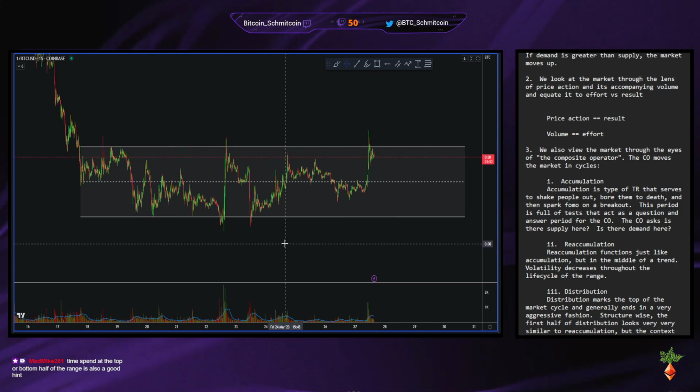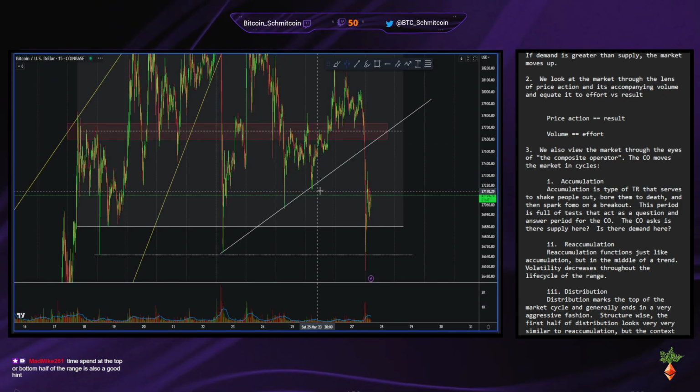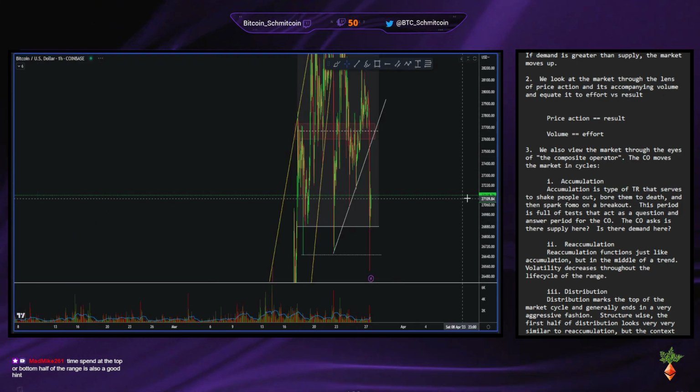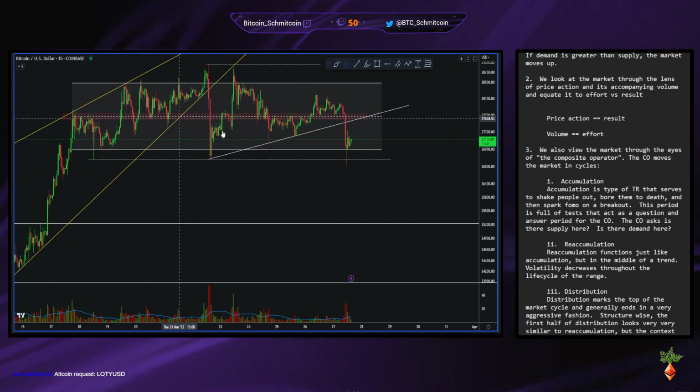Time spent at the top versus at the bottom is a good hint. Yeah. So if we look at this regular, in general, in distribution, most of the time is spent at the top of the trading range, and in accumulation, it's the opposite, right? I'll go ahead and add that note there too.